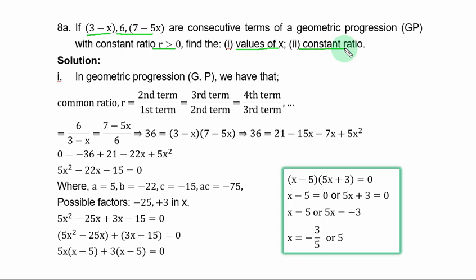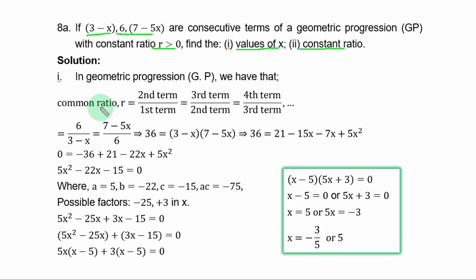Solution: in a geometric progression, you should note that the common ratio is obtained by dividing the second term by the first term, and that is always equal to the third term over the second term, and that is always equal to the fourth term over the third term, and so on.